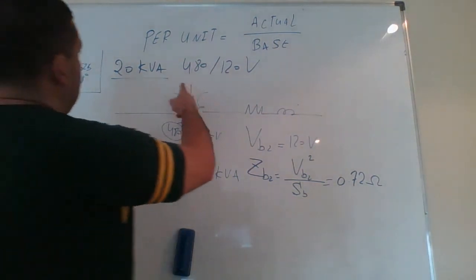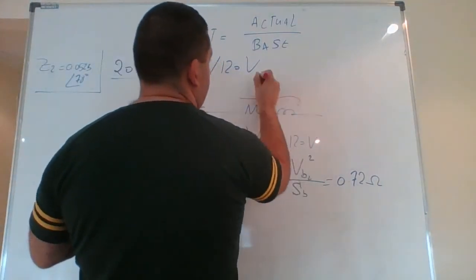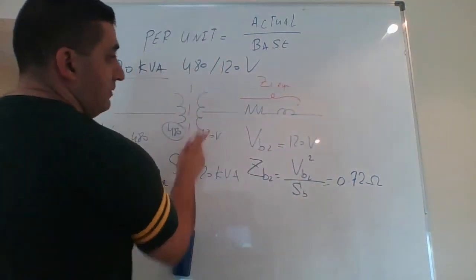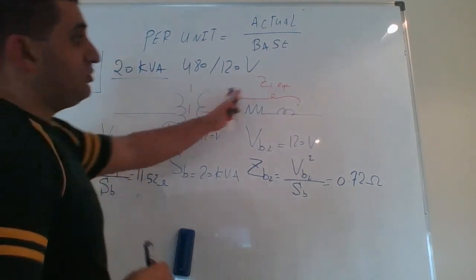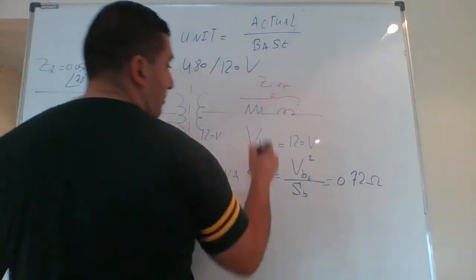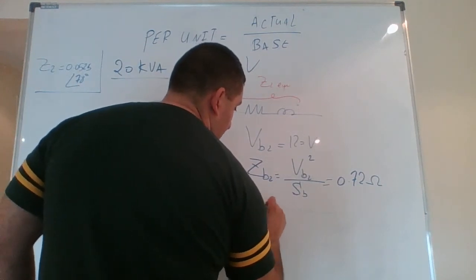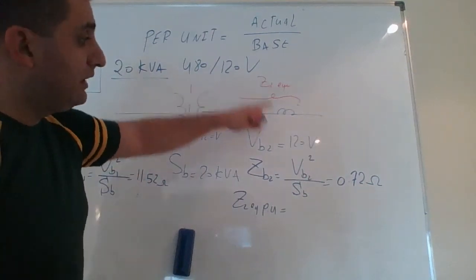Where is Z2? Z2 equivalent is located on the secondary side. So now to convert it into per unit, Z2 equivalent per unit as seen from the secondary side is equal to actual divided by base.